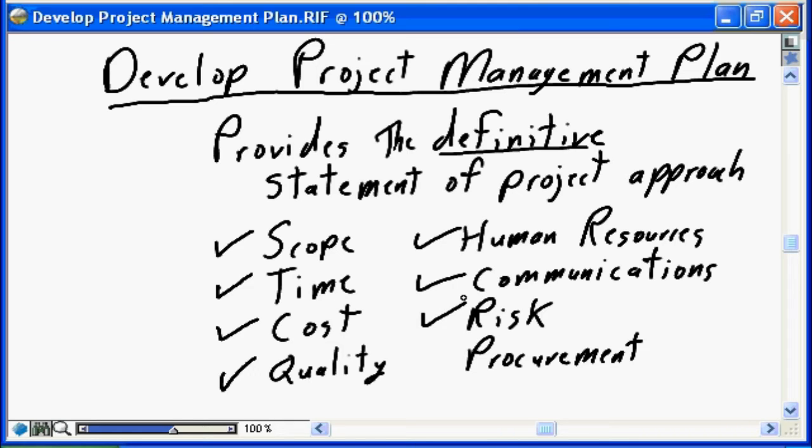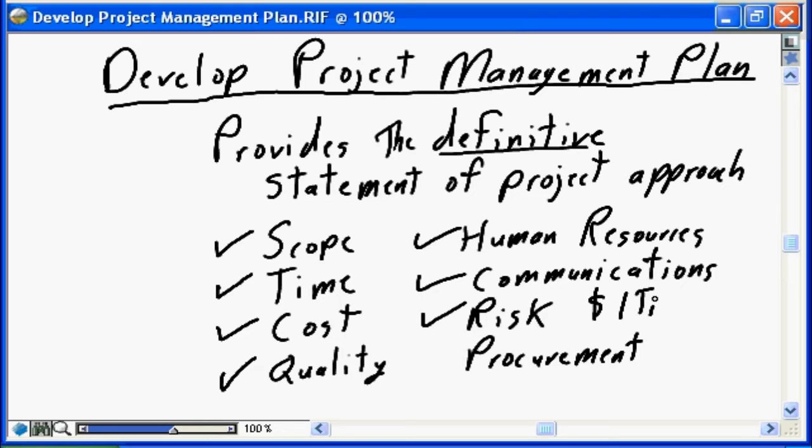Absolutely critical is the definition of the risk management process. It's the identification: is this project risk averse, risk neutral, risk seeking? What are the key risks for the project? What strategies are we using to mitigate, to eliminate, to transfer, to avoid the risks? What's the contingency? What dollars?